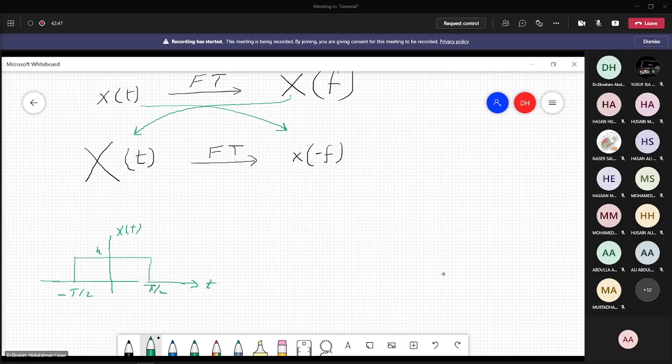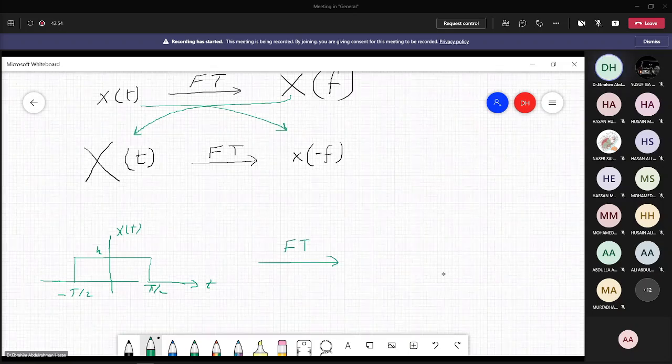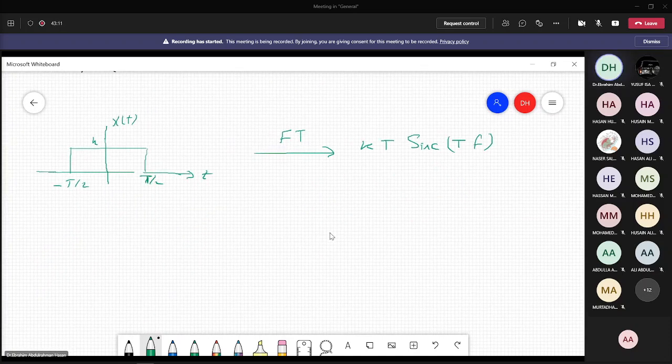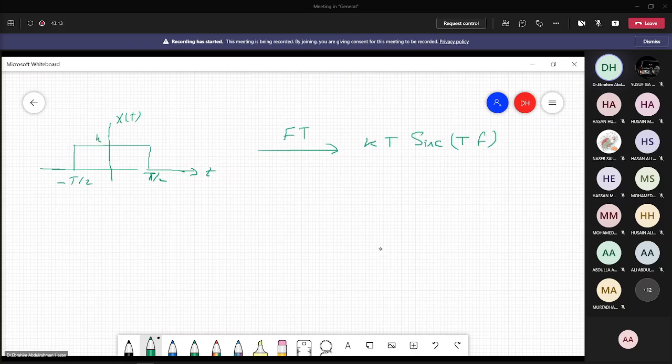Then the Fourier transform for this one is equal to sinc of 2 pi multiplied by T over 2, which gives Tf, and T multiplied by k, so it is k multiplied by T. If you look in the table, this is x of t, and this is X of f.